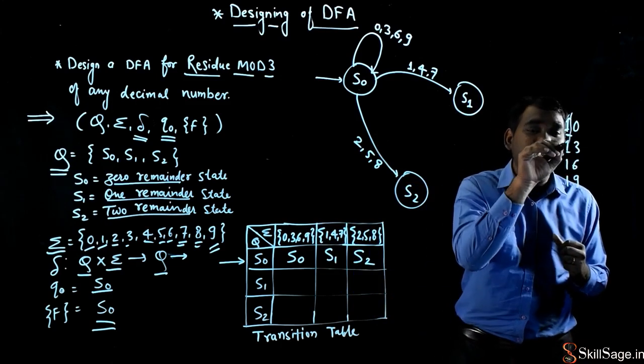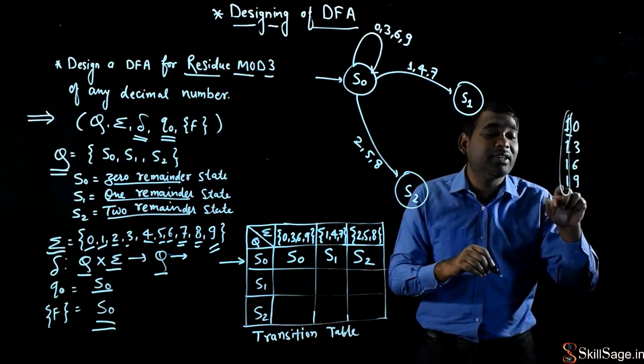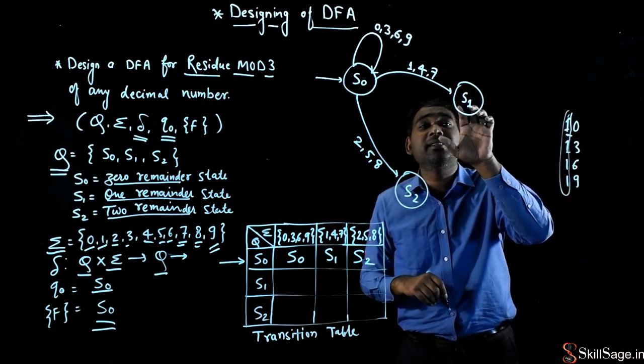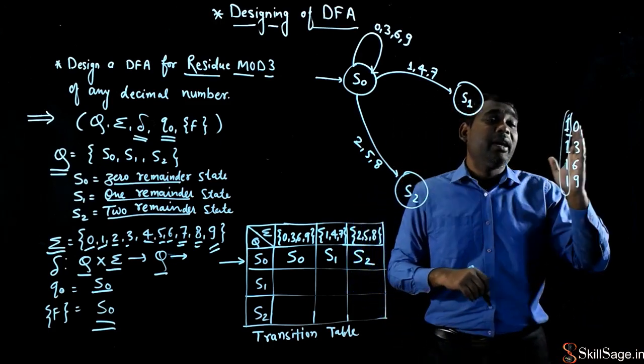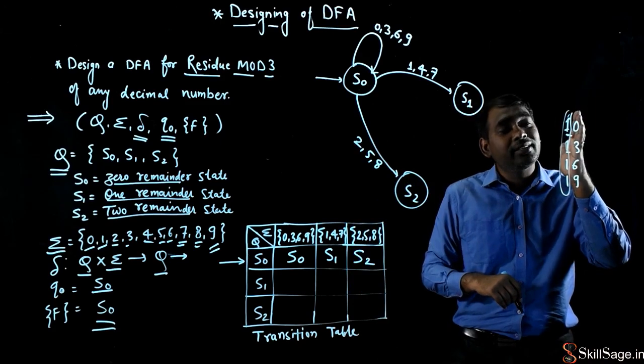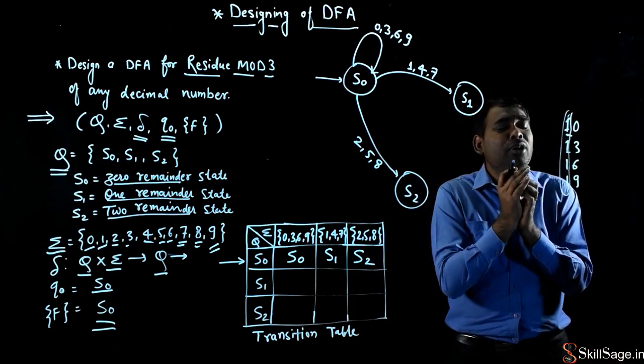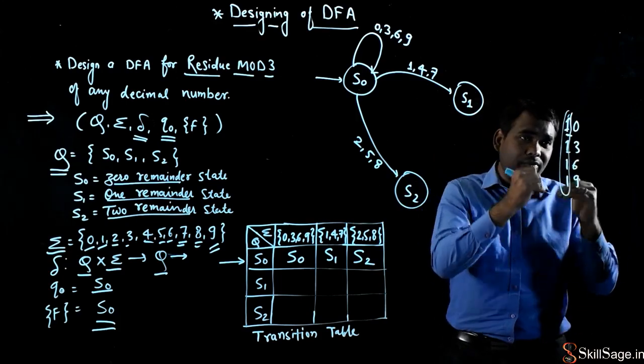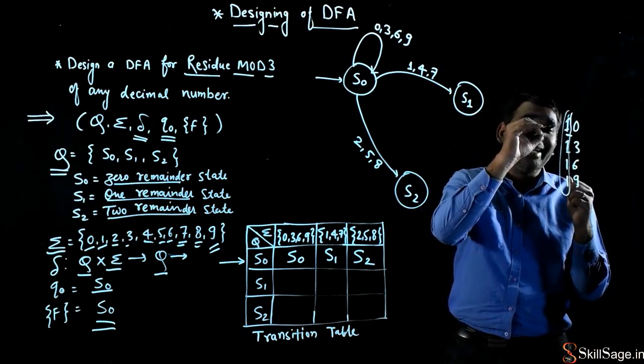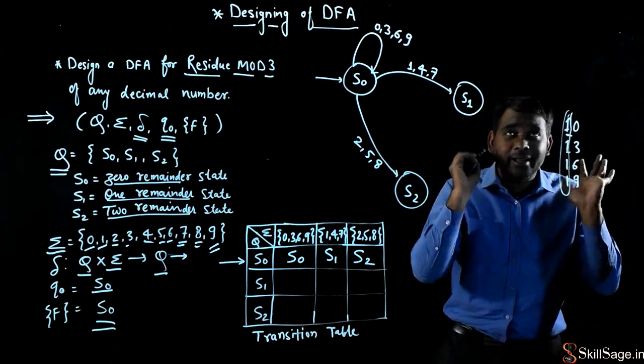What it says is that the first part is my current state. Current state is S1, right? And the next input symbol is either 0, 3, 6 or 9. If I read any one of them, the number formed is 10, 13, 16 or 19.